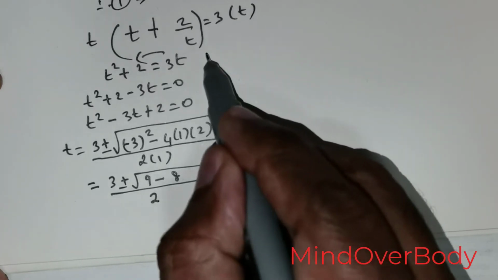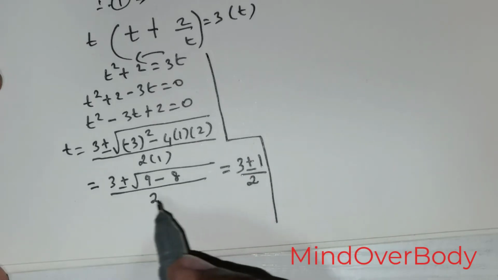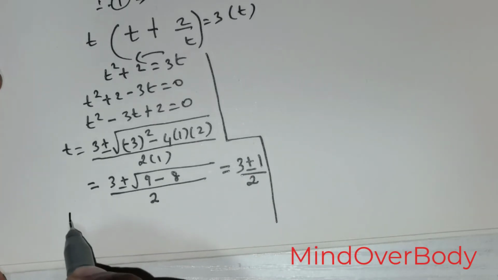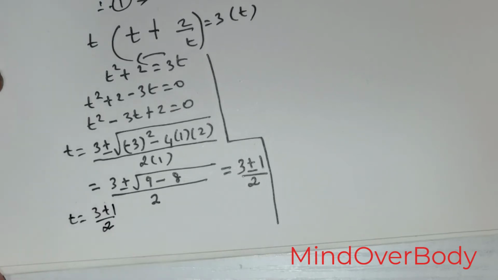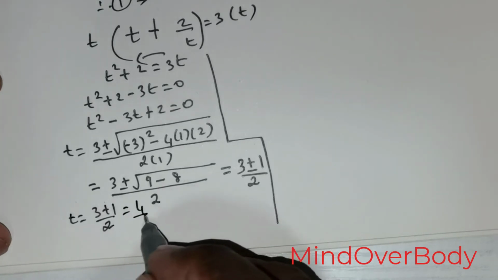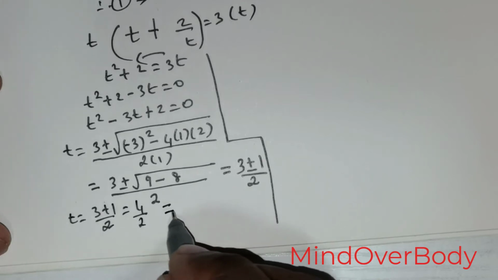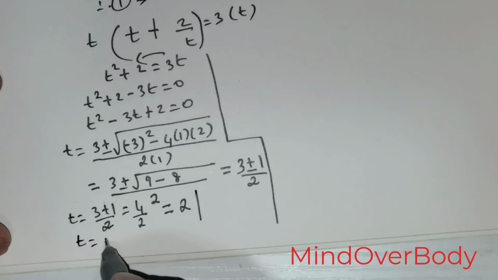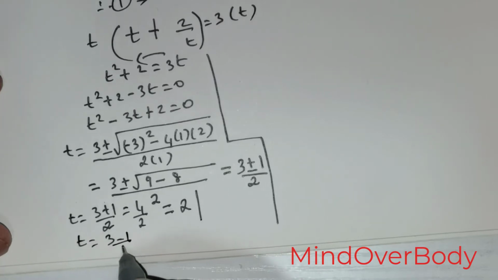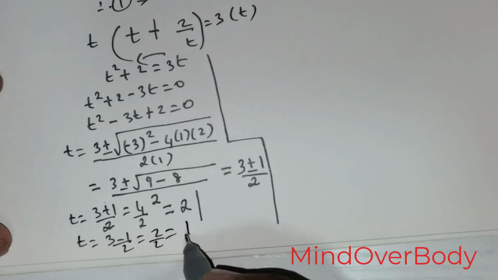So I got two values for t. One value would be t is equal to 3 plus 1 over 2, so that's 4 over 2, which gives me 2, and the next value would be t is equal to 3 minus 1 over 2, that's 2 over 2, which is equal to 1.